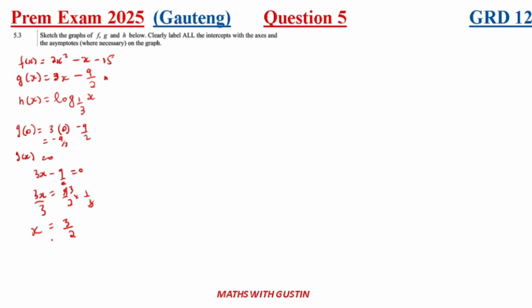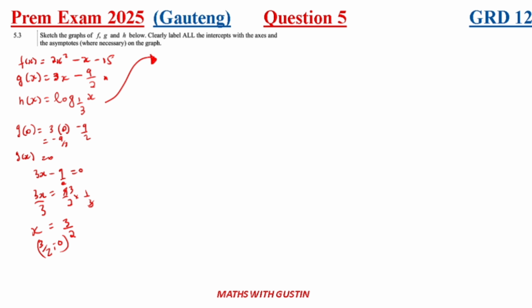Great stuff. So our x-intercept is just that, 3 over 2 and 0. Now, as you can see here, this function right here is a logarithmic function, which is just the inverse of the exponents.